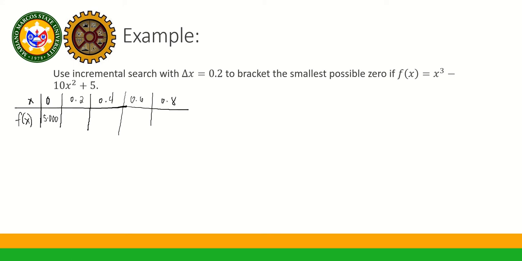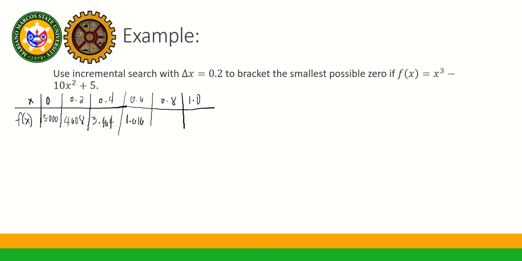And let's also include 1.0. Okay, so when you plug 0.2 sa equation natin, that will be equal to 4.608. When you plug 0.4 dito sa function natin, that will be equal to 3.464. And 0.6, that is equal to 1.616.